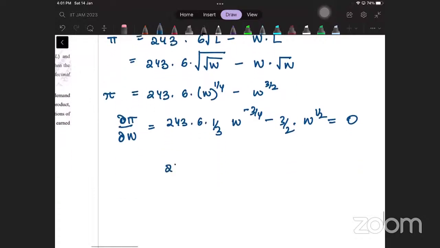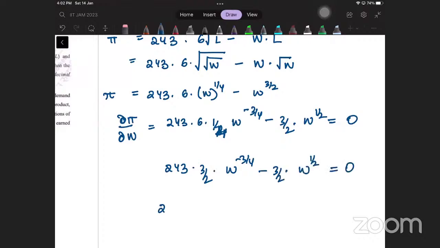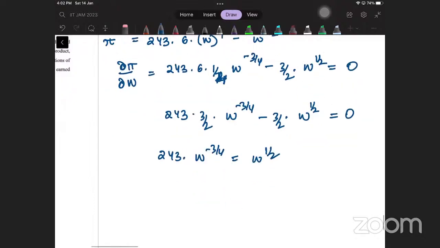And this will be 243 into, this will be 1 by 4 now. So into 3 by 2, W to the power minus 3 by 4 minus 3 by 2, W to the power 1 by 2 equal to 0. So 243 W to the power minus 3 by 4 is equal to W to the power half.